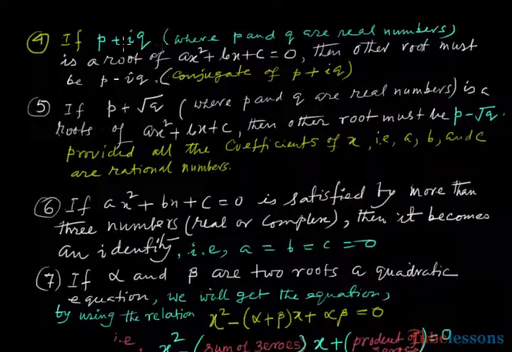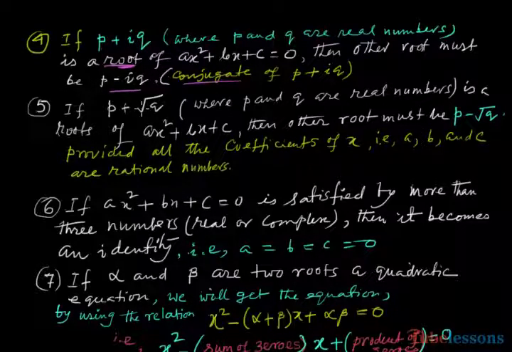Now, fourth property, if p plus iq, where p and q are real numbers, is a root of the quadratic equation ax square plus bx plus c, then other root must be p minus iq. These are two roots which are called conjugate.